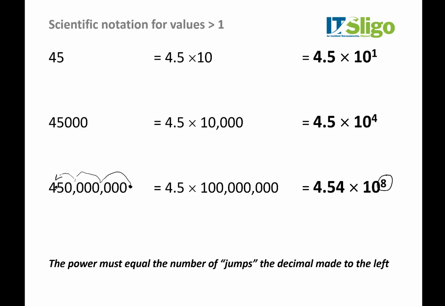And that's what gives us our power of 8. So when the decimal point hops to the left, the power increases. And when it hops to the right, we'll see this on the next slide. But essentially, guys, the power on the 10 is the number of decimal places the decimal point has moved.